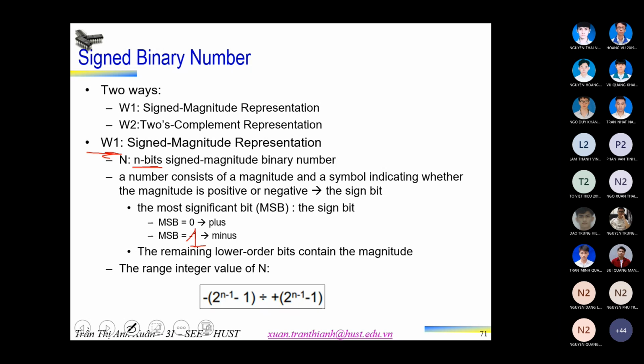And then the remaining lower-order bits contain the magnitude. Here we have an example of a sign-magnitude representation with 8 bits. The positions are 0 to 7.